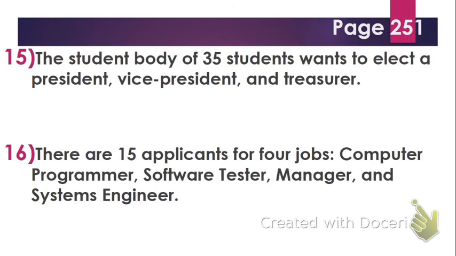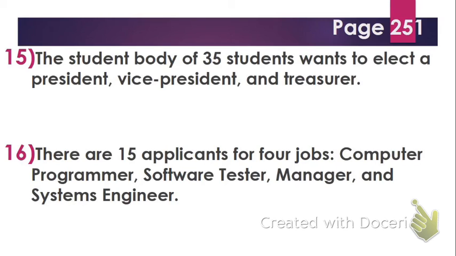Let's look at number 15. When we're trying to decide between a combination and a permutation, we're trying to figure out, does order matter, does order not matter? Order matters in situations where the people selected will be treated differently. Order does not matter if they're going to all be treated the same.